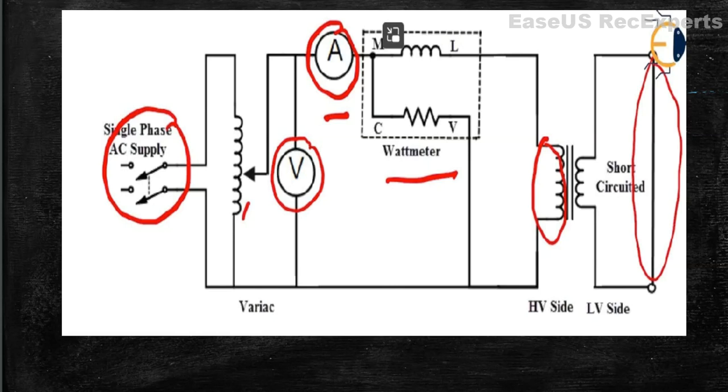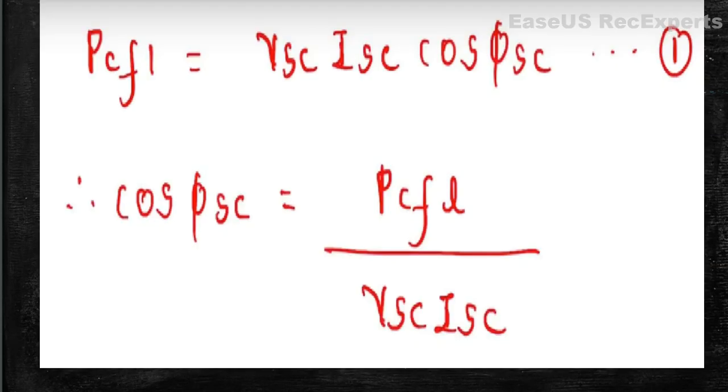So let us see how to determine various parameters. The readings obtained from the instruments connected in the circuit can be written as follows. The ammeter will indicate the value of the short circuit current, that is the rated current ISC. The voltmeter will indicate the value of the short circuit voltage VSC, whereas the wattmeter indicates the value of the full load copper loss PCFL.